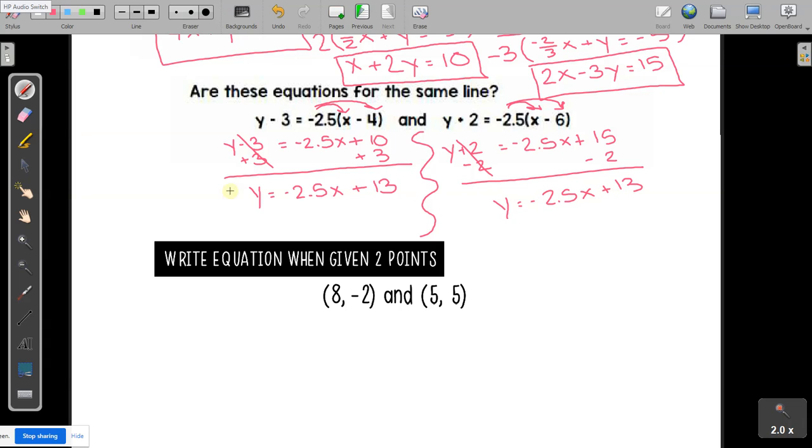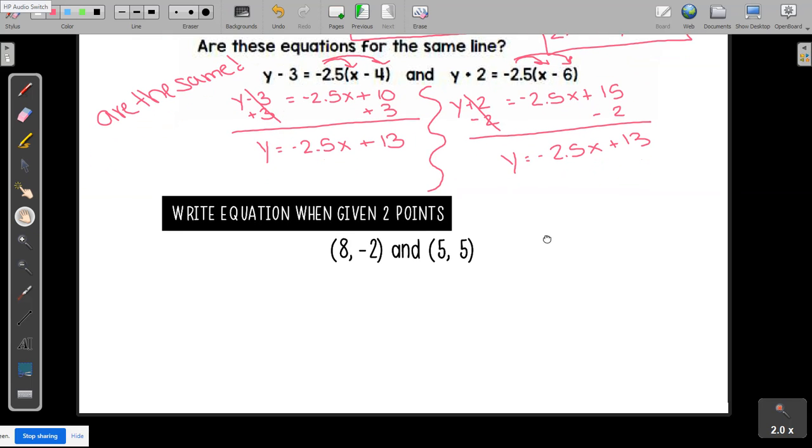So these equations are the same. We get the same slope-intercept form of each. So if we look at the original, we have the same slope. And you have to have the same slope for the same line. The only thing different is it's giving us 2 different points that line's going through. So we have the same line.